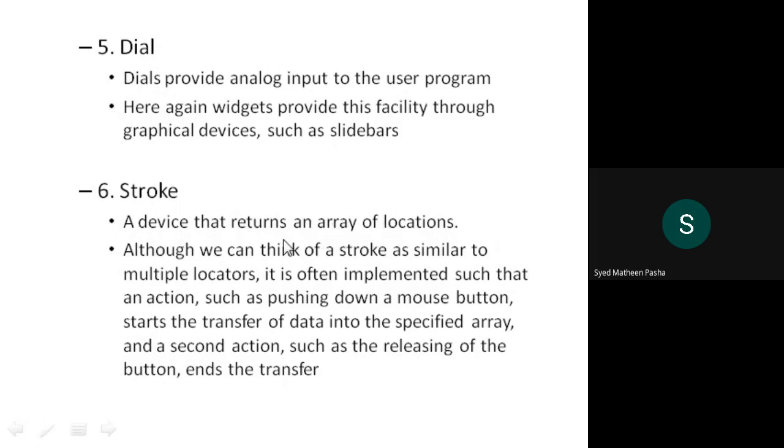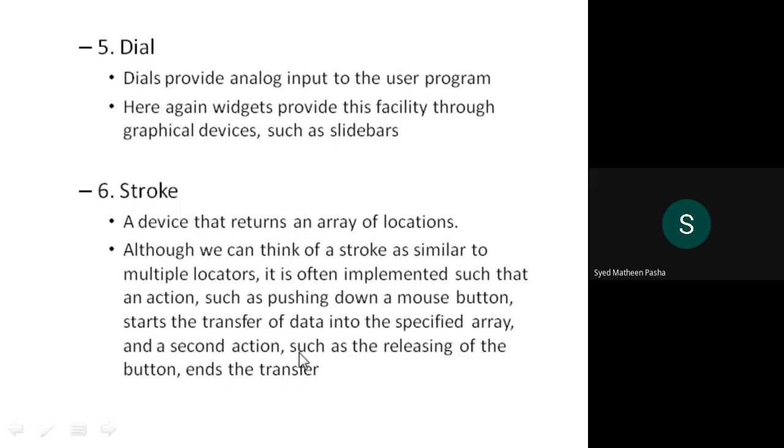How this stroke works is that it is similar to locators, which basically give the location or position of something. This is implemented such that pushing down a mouse button starts the transfer of data into a specified array, and a second action such as releasing the button ends the transfer.